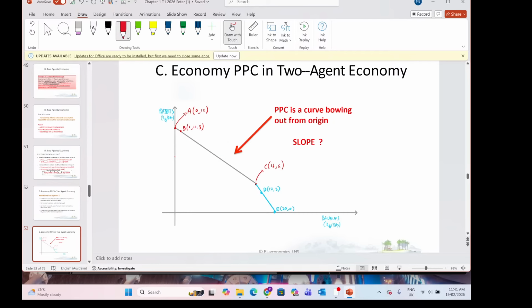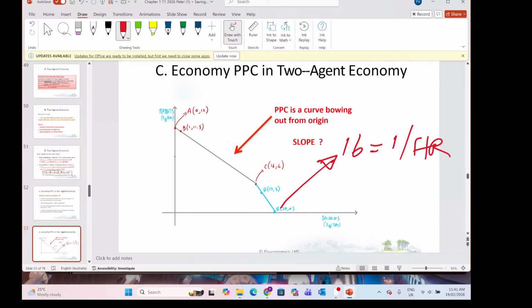So let's think about the maximum that Alberto could produce and the maximum that Leo could produce. Remember, when we came to bananas, how many could Alberto produce? He could produce 16 in a day because he can produce 1 per hour.